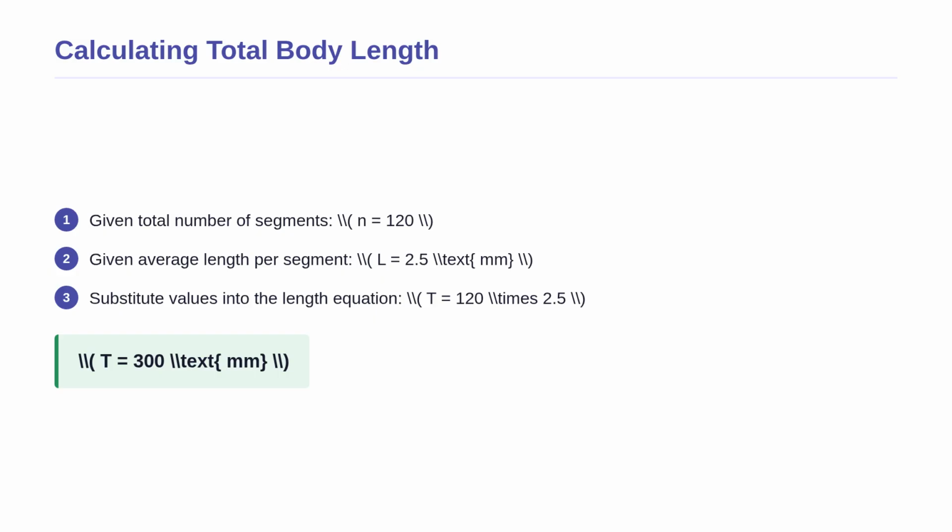We use our modular length formula, substituting 120 for N and 2.5 for L. Multiplying these together gives us 300 millimeters, which equals 30 centimeters. This simple arithmetic is incredibly useful for estimating the true size of marine worms that often break apart when collected.